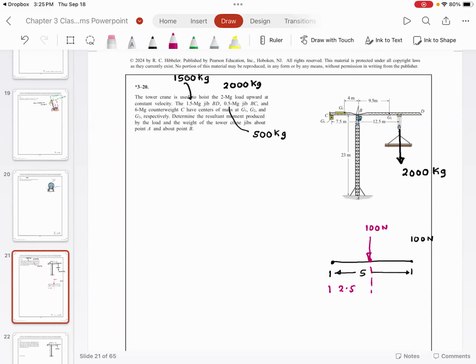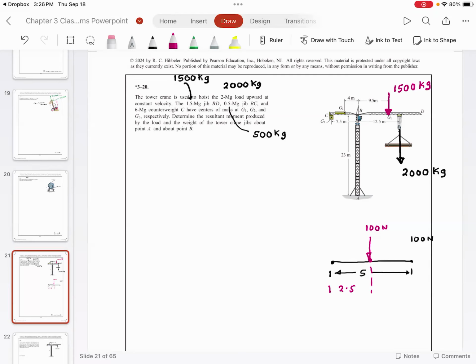So if you look at the problem, it says G1 is located at BD. BD is 1,500 kilograms. Then you have 0.5 megagram, 500 kilograms at BC.